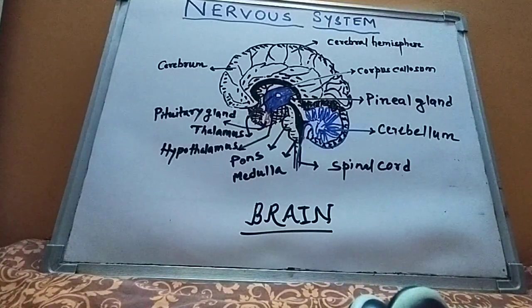Cerebellum function is controlling voluntary actions like muscular activity or coordinating the muscular movement of the body. Pons, located in the center of the brain below the cerebellum, carries impulses from one hemisphere of the cerebellum to the other hemisphere and coordinates muscular movement on both sides of the body.